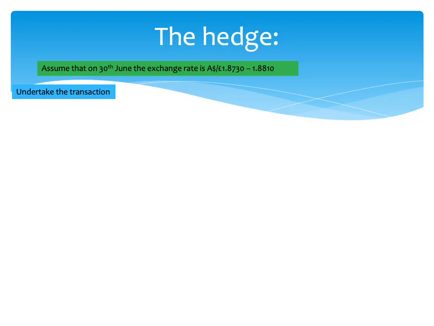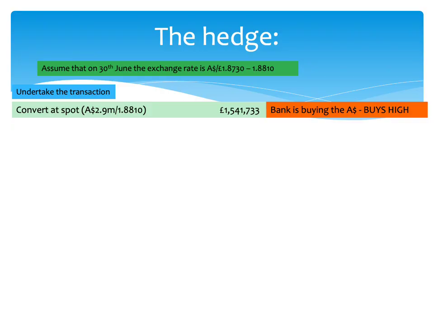On the 30th of June, we'll receive our 2.9 million Australian dollars and we'll convert them at whatever the appropriate exchange rate is at that date. So in this case, in this new scenario, we're going to use the 1.8810. Remember, we're just doing this as if we hadn't done any hedging, so we wander off and use the spot rate that's available then. Again, we're going to, remember, use the high figure like we did before.